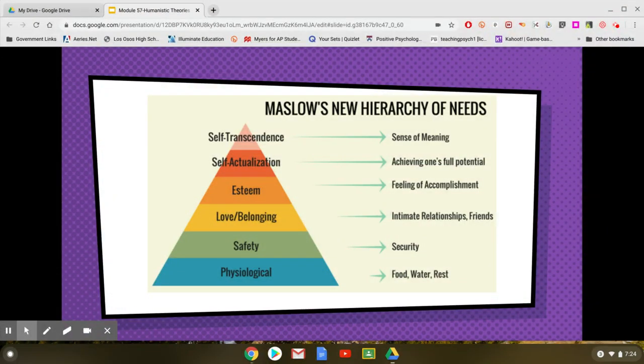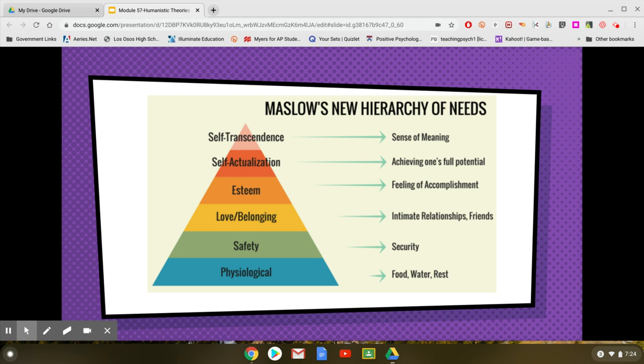Okay, so hopefully this is what you came up with in terms of names. Remember, we started at the bottom. These are physiological needs, things like food, water, rest, sleep. Then safety is referring to security. Next, we have love and belonging, and that's being able to make and maintain relationships, both romantic and friendship.